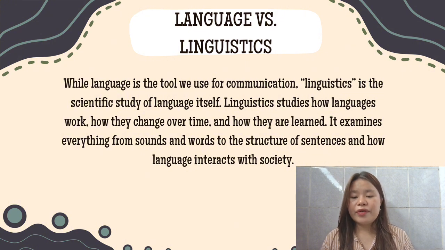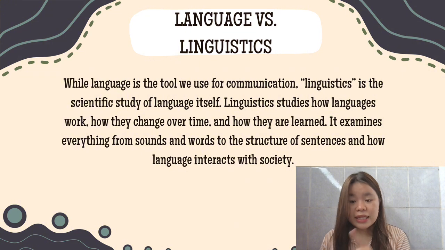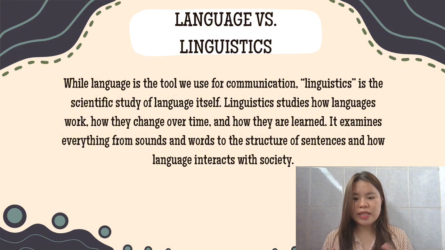Okay, for example, when a dog barks at the door, it might be telling you that someone is outside, but it cannot explain who it is, what they are wearing, or why they are there. Language gives humans the ability to convey all those details and more.